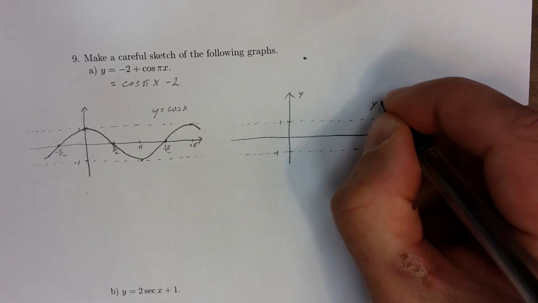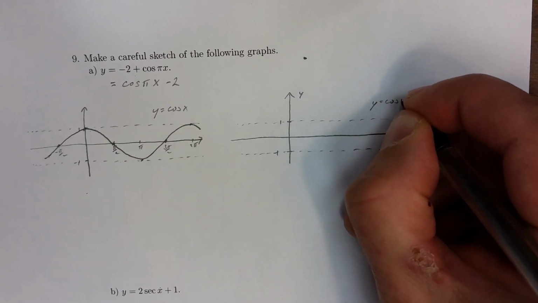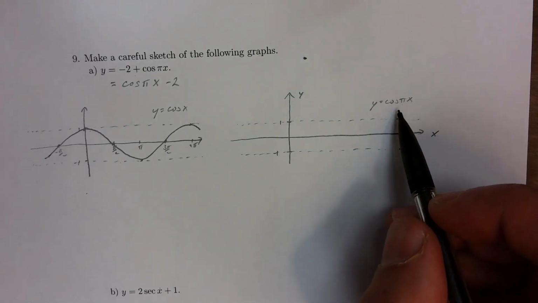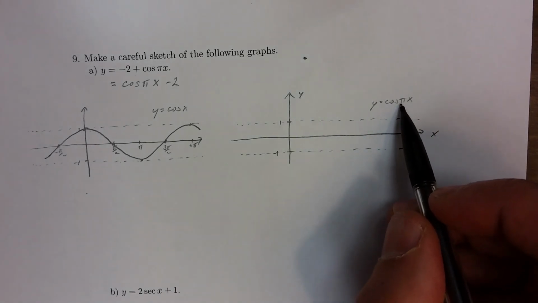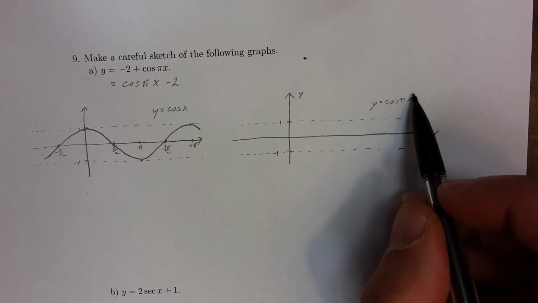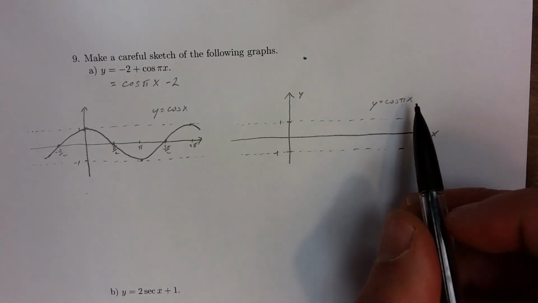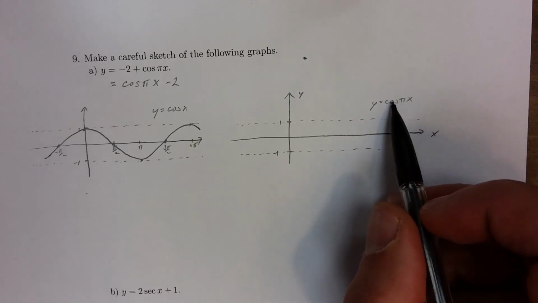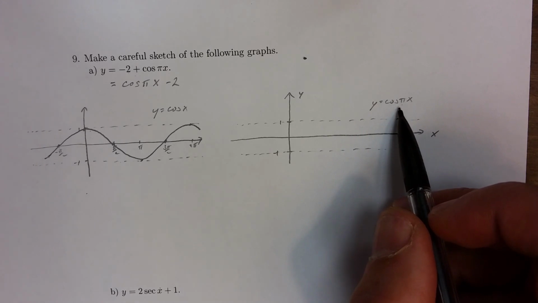And we're going to graph y equals cosine of pi x. Now, that pi we can see right away is either going to be a stretch or compression. To figure out which, we notice that it's right in front of the x, so we know it's a horizontal change. You would think that multiplication by pi would mean a stretch of factor of pi, but we know that horizontal changes are opposite to what you'd expect.